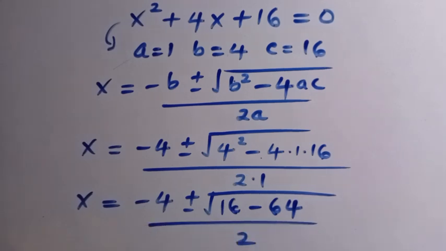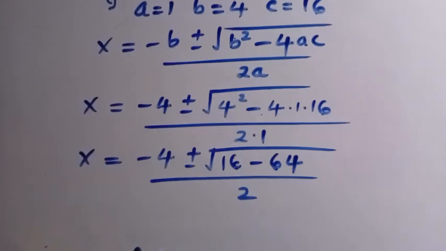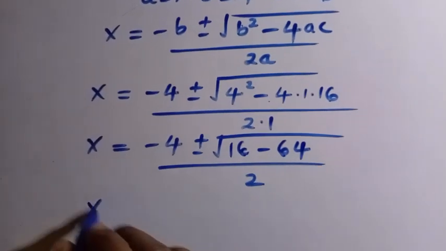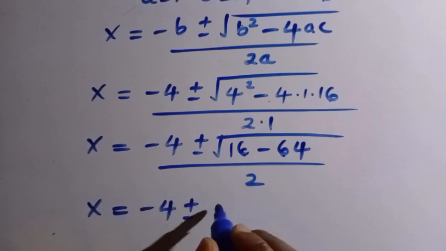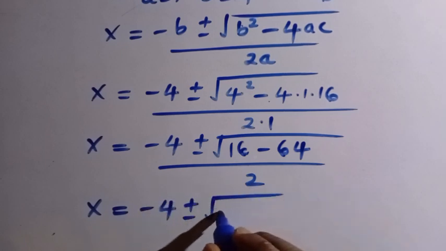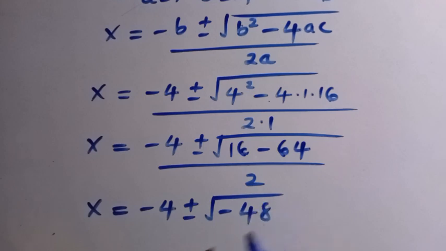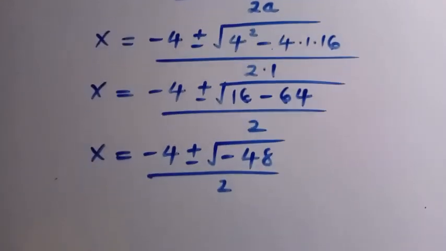And then we are going to subtract 16 minus 64, as we have x equals minus 4 plus or minus square root of minus 48, divided by 2.